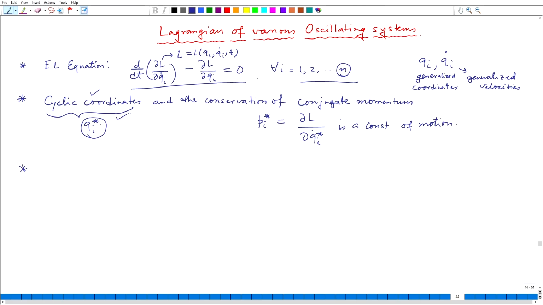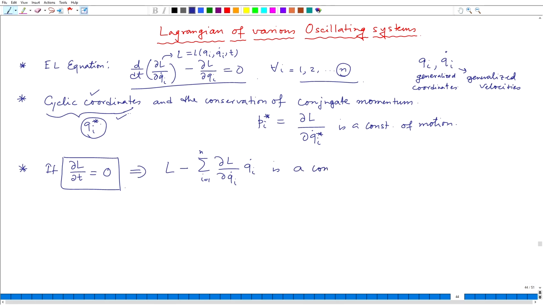We also said that if the Lagrangian is not explicitly containing the time, then the summation over i running from 1 to n of ∂L/∂q_i dot times q_i dot, minus L, is again a constant of motion.